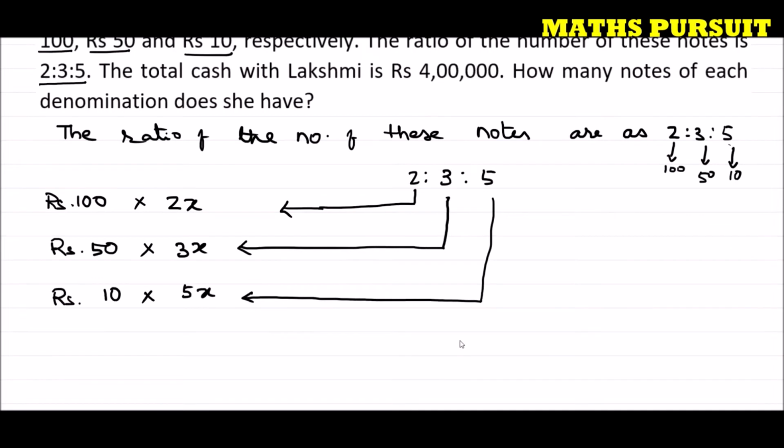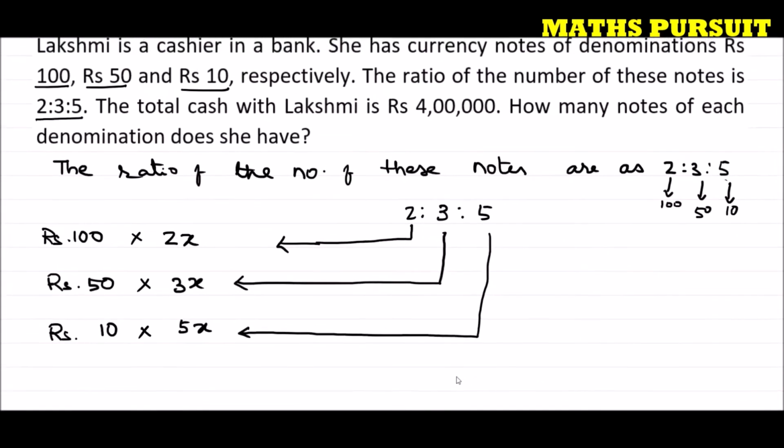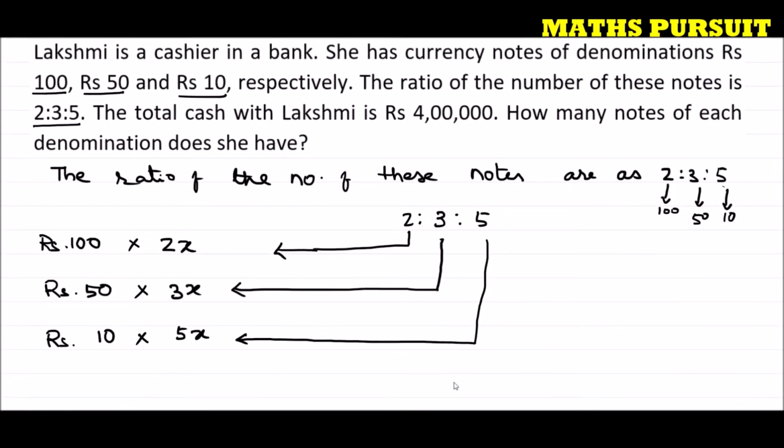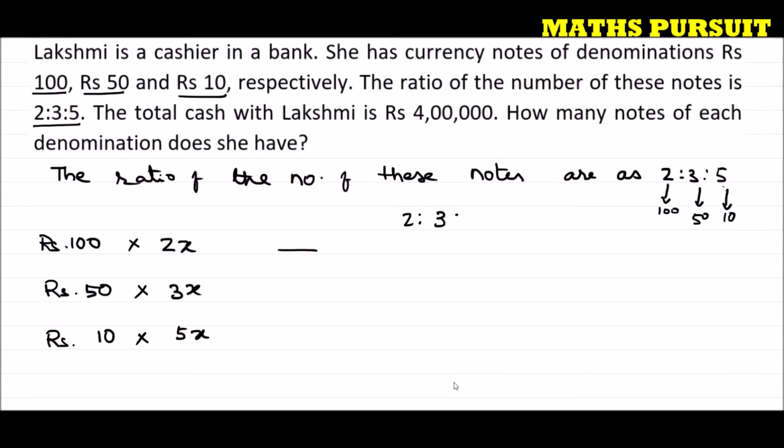So what we got? We got 100 into 2x, 50 into 3x and 10 into 5x. Now the question is telling us that the total cash with Lakshmi is rupees 4 lakh. How will this total cash come? The total cash will come if we multiply the denomination by the number of notes.